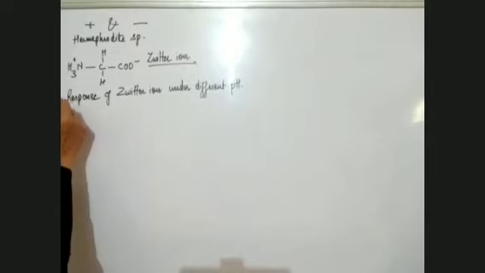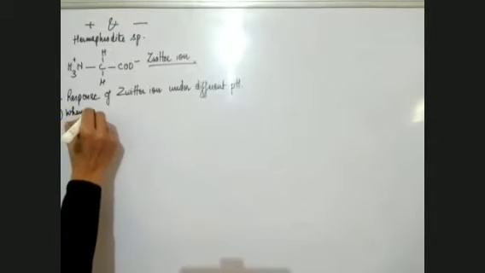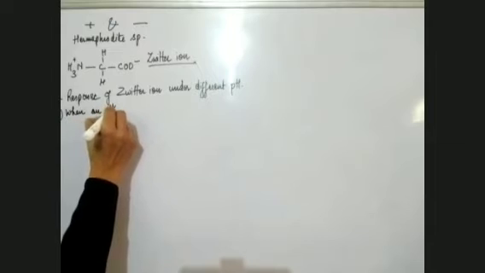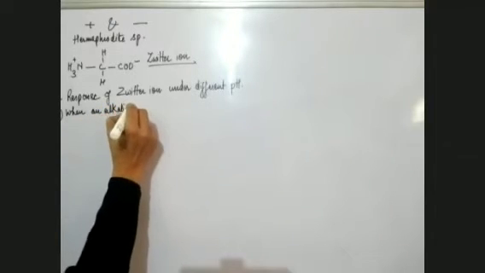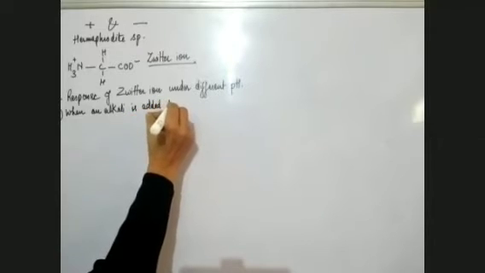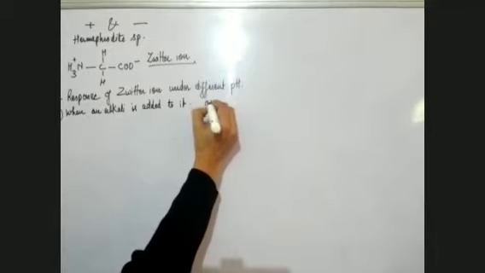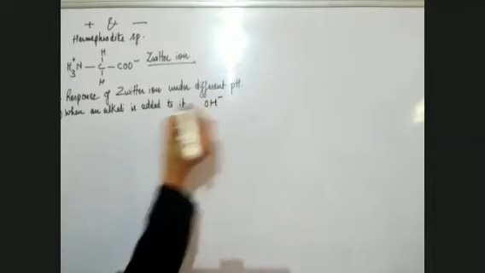So when the pH is acidic or the pH is alkaline, what happens to the Zwitter ion? First we will take when the pH is alkaline, or when an alkali is added to it. That means when OH- is added to it.